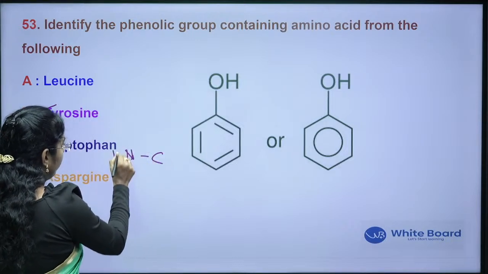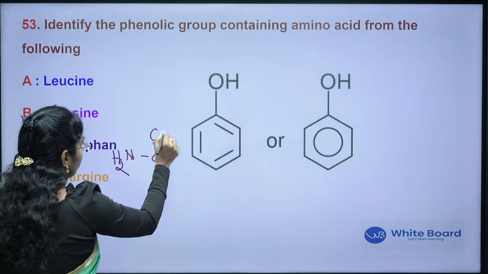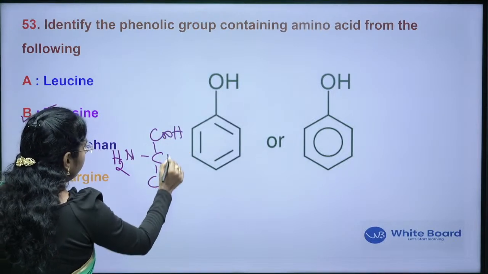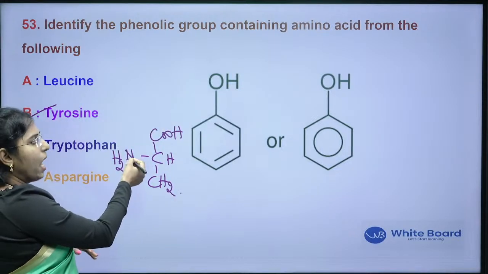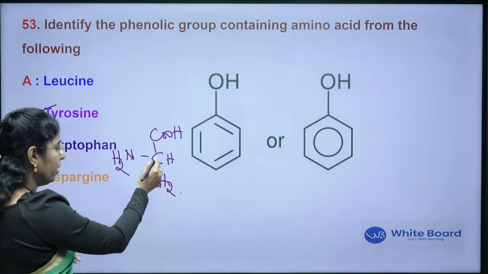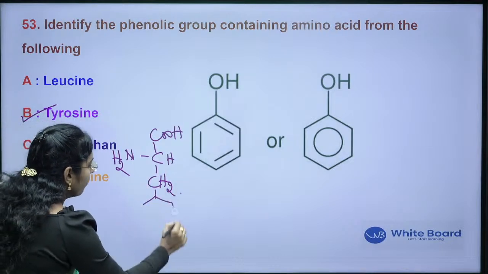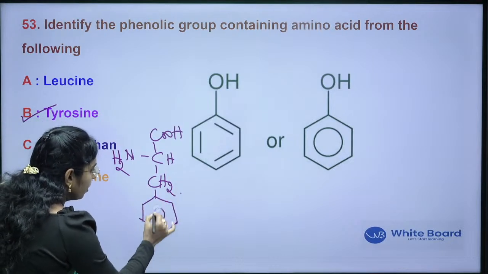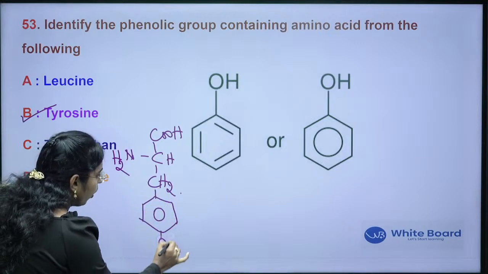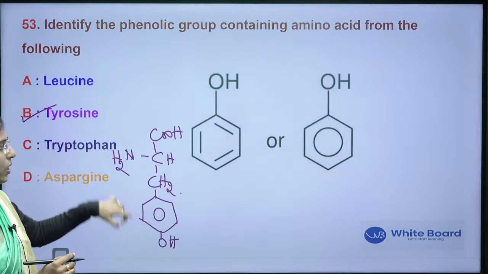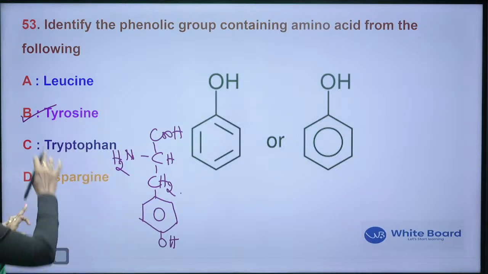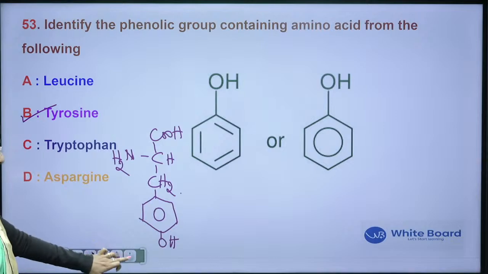Its structure will have NH2, here COOH, then one more C. An amino acid is nothing but it will have an amino group and an acid group, right. So, simply it will have this methylene group in between and a phenolic group. Tyrosine is the amino acid which contains this phenolic group. So, the correct answer is tyrosine.